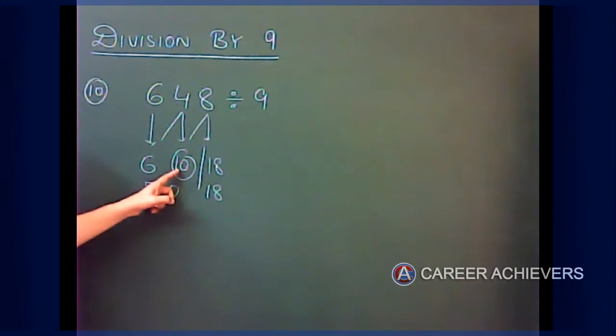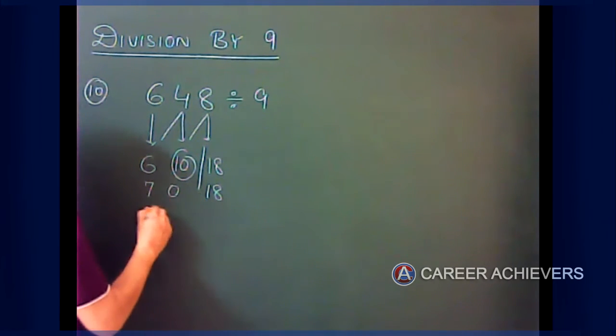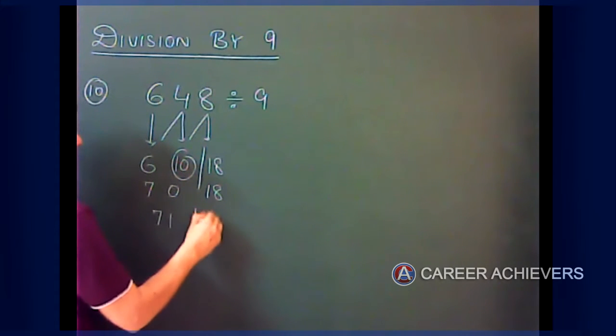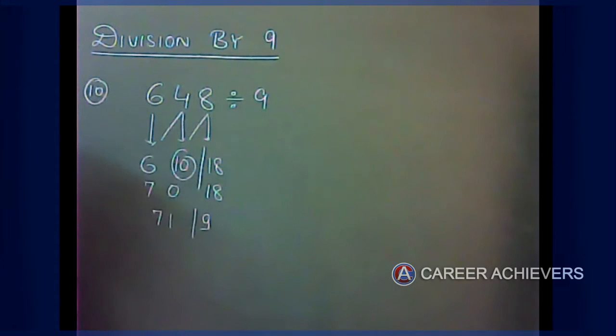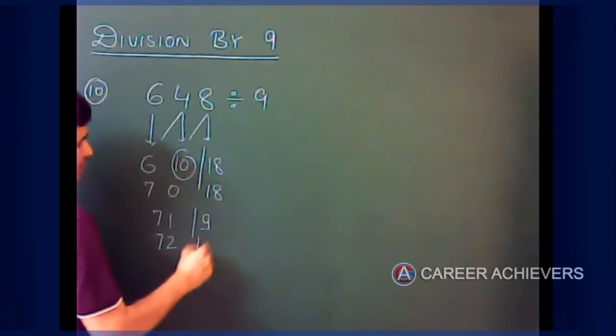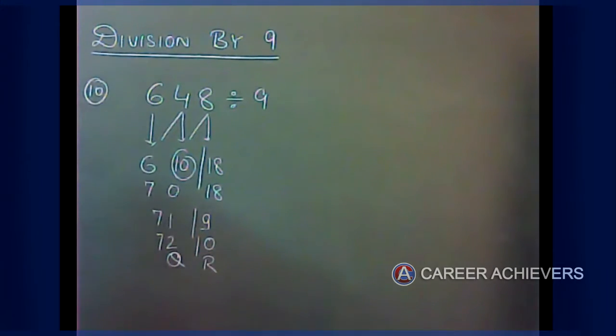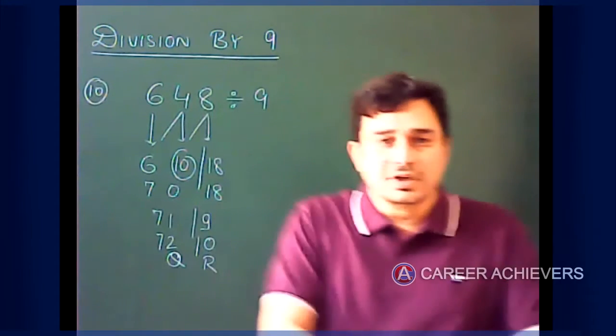This one will come this side. This becomes 7. So 7, 0 and 18. Now 1 will come this side. This becomes 71. And 8 plus 1 is again 9. So 9 will come this side. This becomes 72. And the remainder is 0. Is this question clear to everyone?